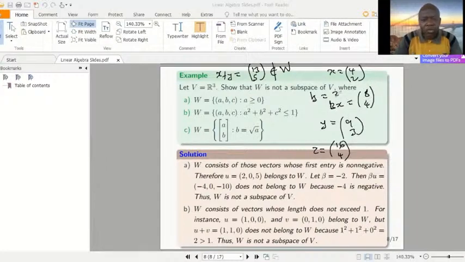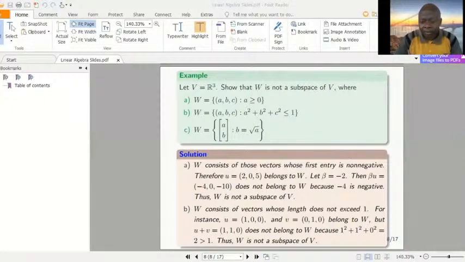Is this product in W? That means, is 4 the square root of 8? You discover that 4 is not the square root of 8, and therefore this product is not in W. So again, this property has not been satisfied, but we only need to show one. One is enough to disqualify this from being a subspace. Just one is enough.